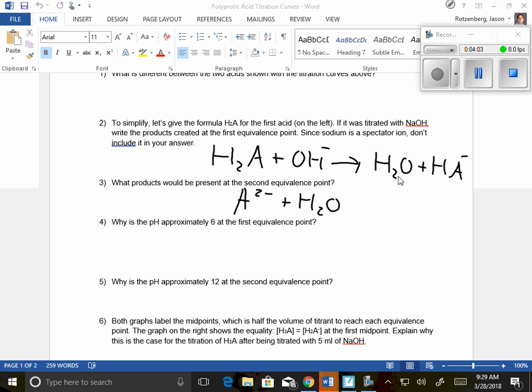After that first reaction, if we look back at question 2, there's still HA minus remaining. That's an acid. It has a hydrogen to donate. And if it donates that acid, it can make more H plus ion, just like Braden said. So our answer to number 4 is after the first equivalence point, there's still acid remaining. It's now the monoprotic HA minus. And if there's acid remaining, the pH should be below 7.